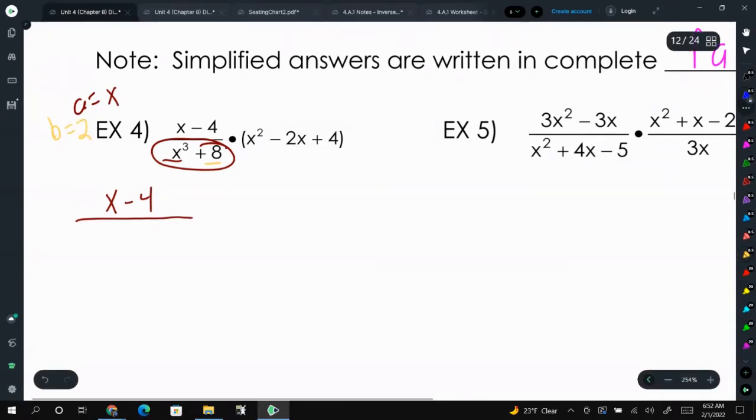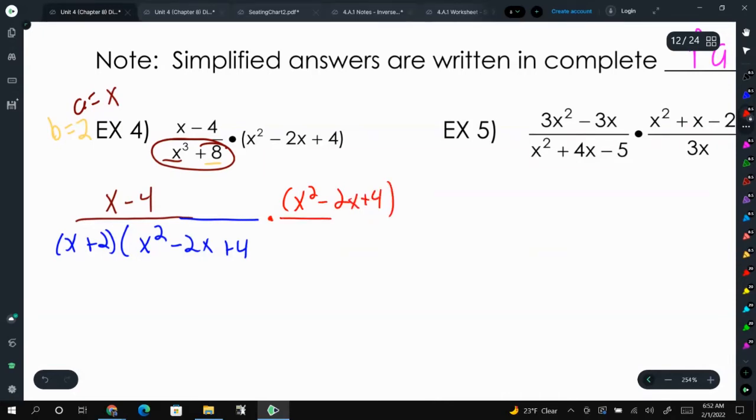So when we factor that using the sum of cubes formula, we're going to get x plus 2 times x squared minus 2x plus 4. And that's all multiplied by x squared minus 2x plus 4. And if it helps, you can write over 1.